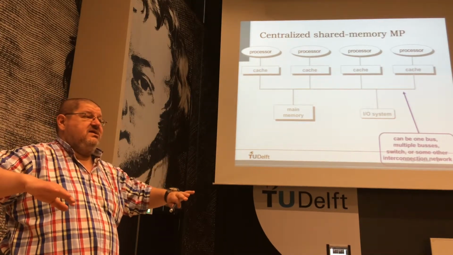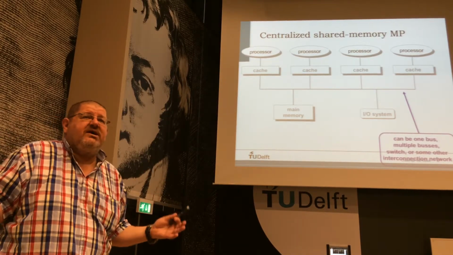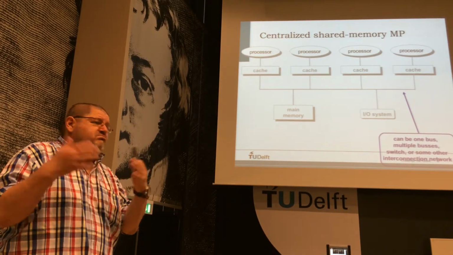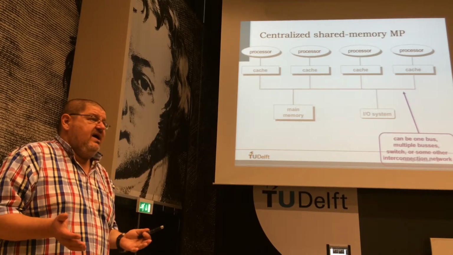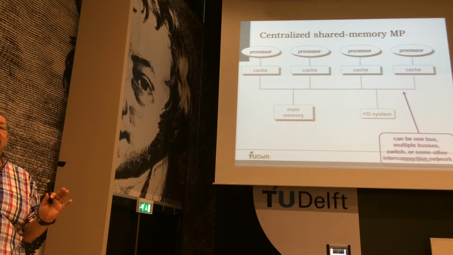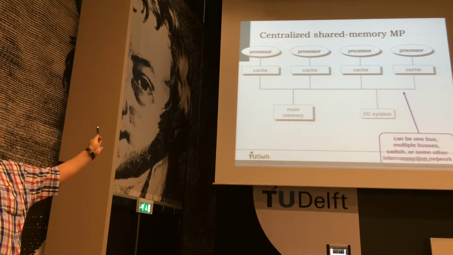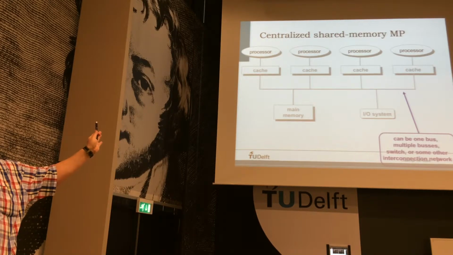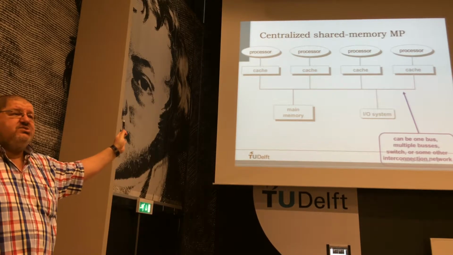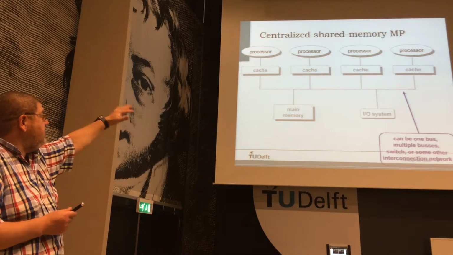Then as long as we can be separated, things are nice. When there is too much traffic on that bus, you may have more buses, but the story will be the same. Then this kind of structure is good as long as you don't have many processors, because this is not scalable. When you increase the number of processors, the performance will decrease because the bottleneck will be on that.